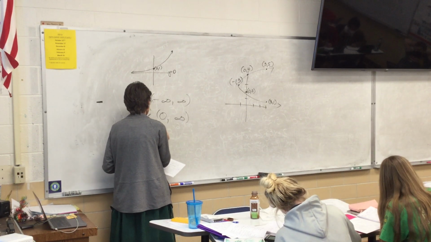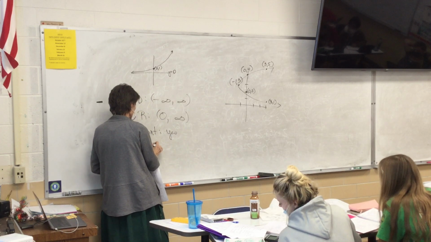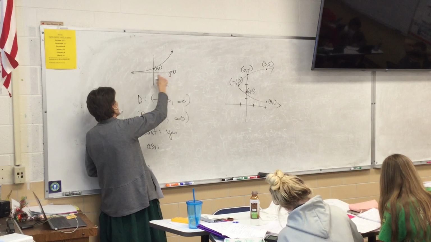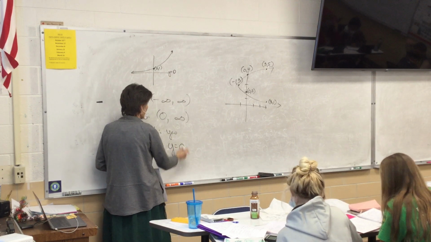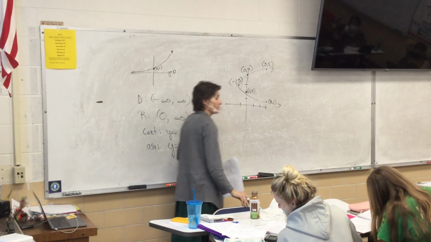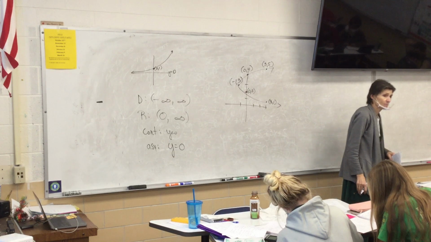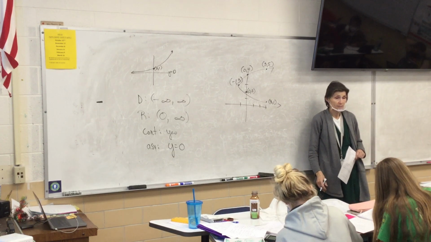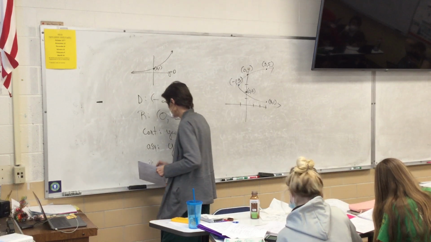Yes, it is continuous on its entire domain. Does it have any asymptotes? Yes, it does. It has an asymptote of y equals 0. Not all of your BFFs have asymptotes, but this one does. It is increasing on its entire domain.